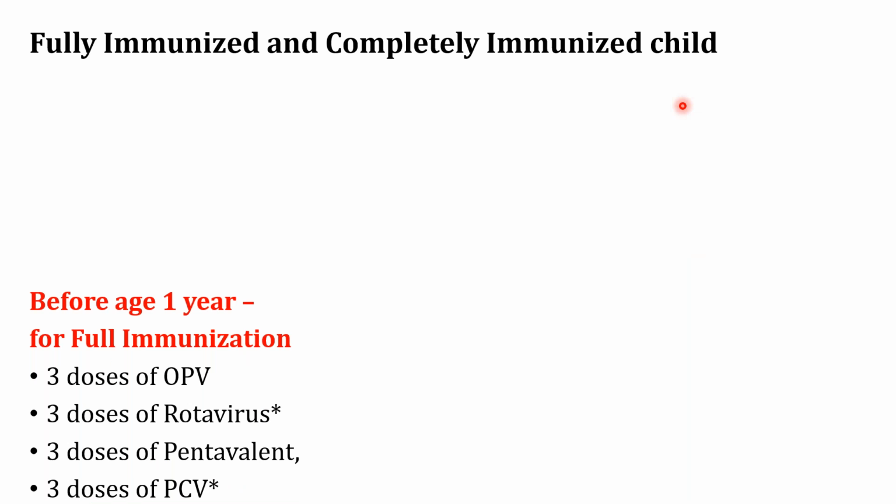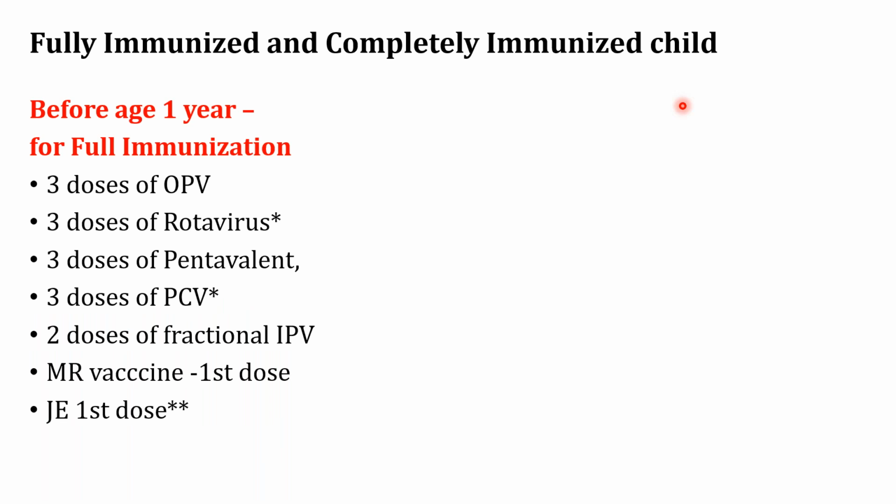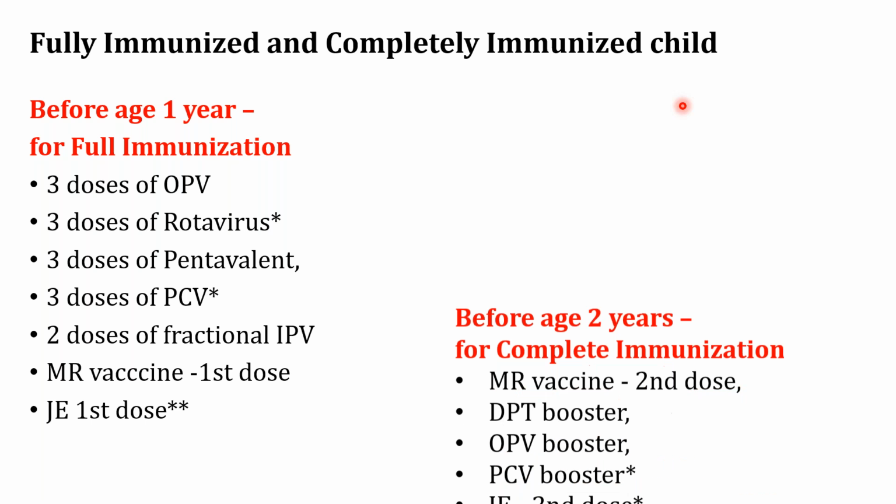So we call a child fully immunized if he has completely taken all the vaccines which are recommended before the age of 1 year, right? So that includes 3 doses of OPV, 3 doses of rotavirus, 3 doses of pentavalent vaccine, 3 doses of pneumococcal conjugate vaccine, 2 doses of fractional IPV, the first dose of MR vaccine, and the first dose of Japanese encephalitis vaccine, right?